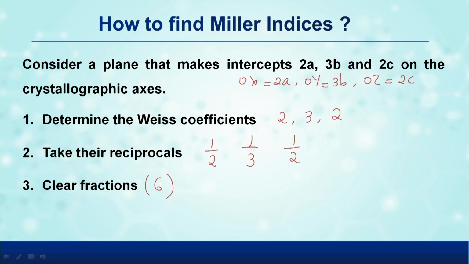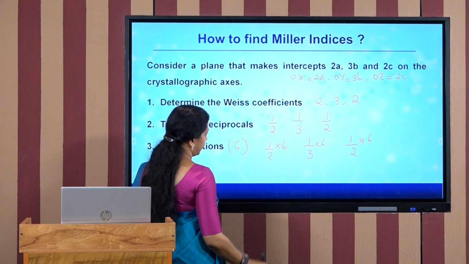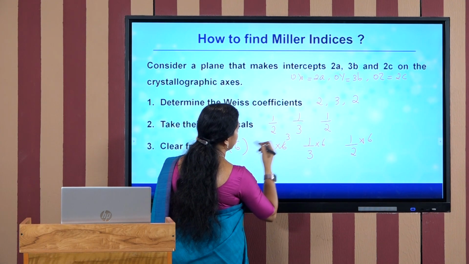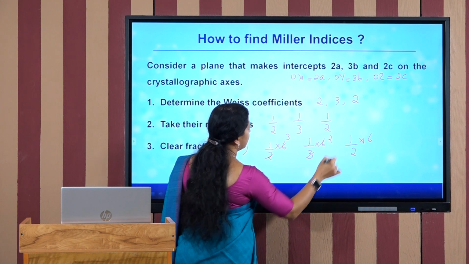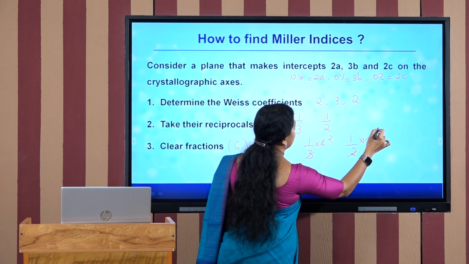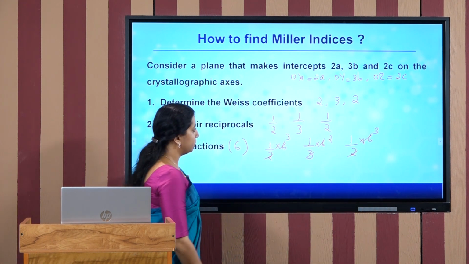So, we have 1 by 2 into 6, 1 by 3 into 6, again 1 by 2 into 6. So, we have here 3, 2, again 3.